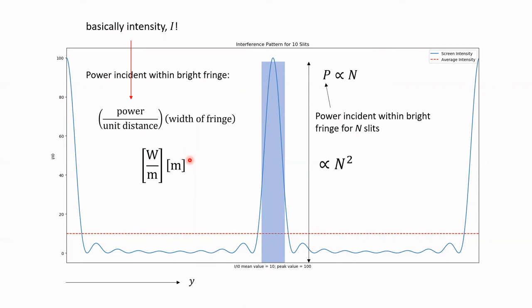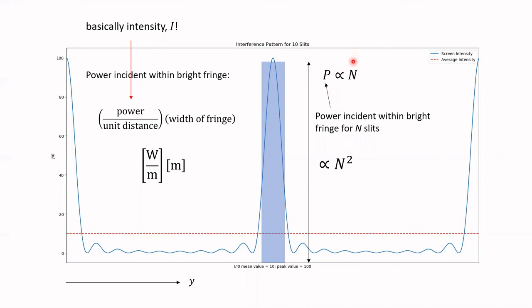We know that if each of these slits is putting out the same amount of total power, then as you open up more slits, of course, you've got more power being focused into those bright fringes. And with 8 slits open, you would expect twice as much power in each bright fringe as if you had 4 slits.